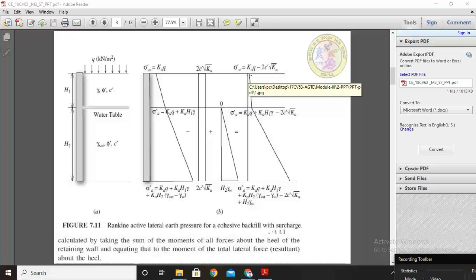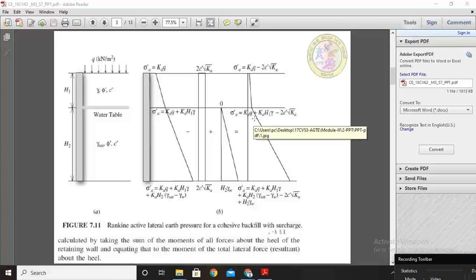Here at the top, Ka into Q minus 2C root Ka, and this is sigma A dash, the active earth pressure. Then we get Ka Q plus Ka into H1 gamma minus 2C root Ka. You deduct this value.